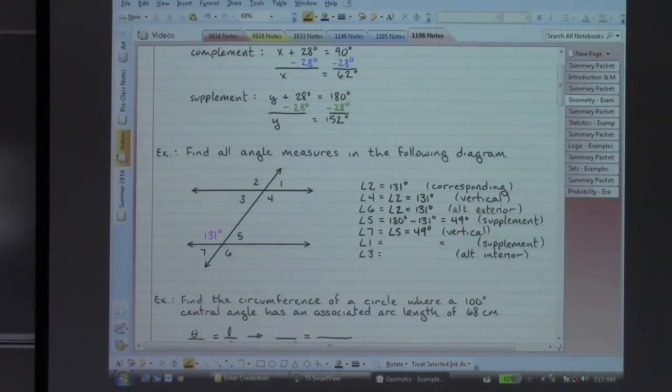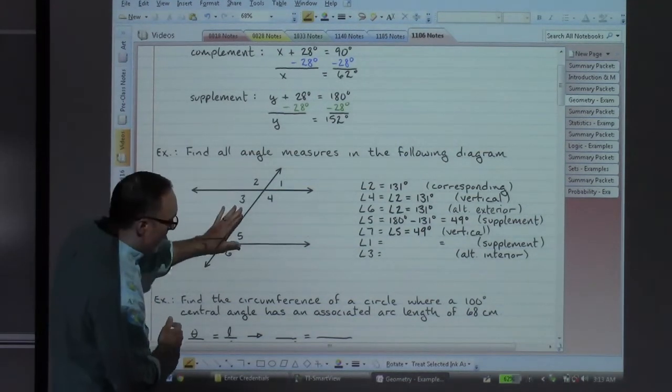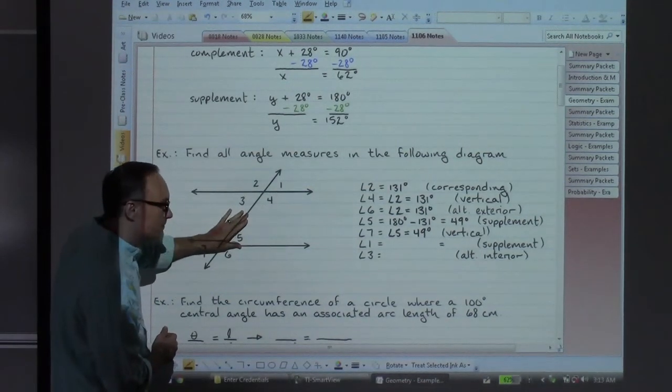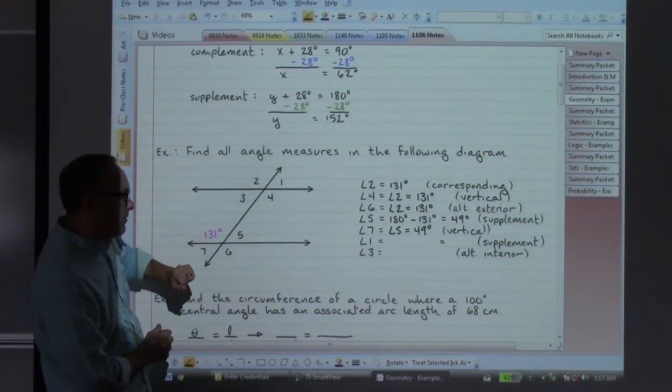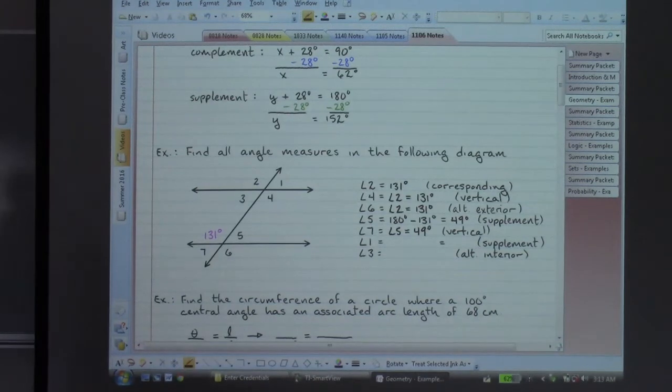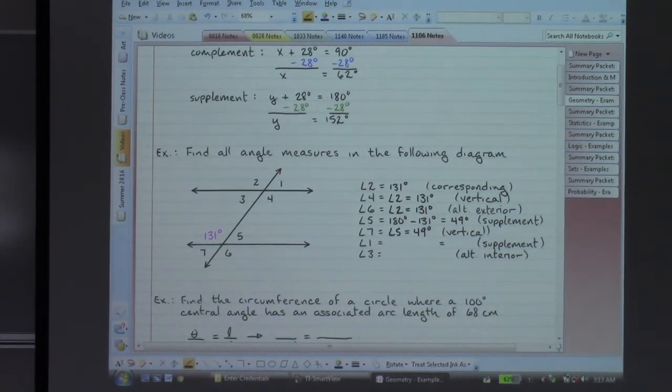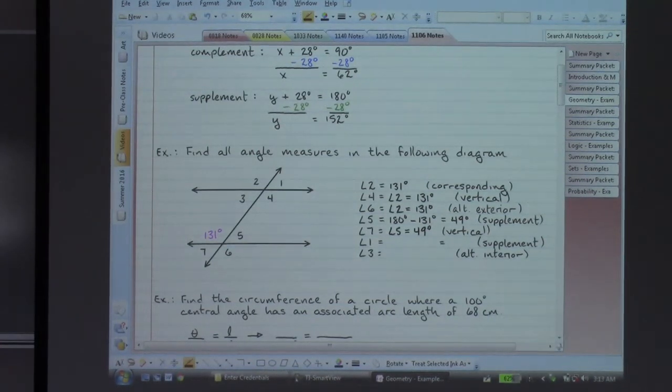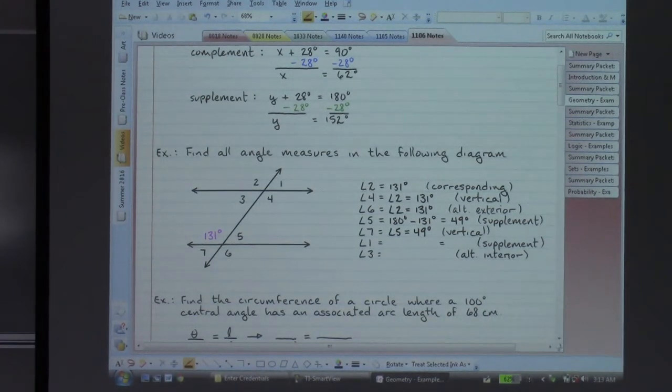Based on, just again to throw in some of that variety, based on angle 5, and, well, no, I'm sorry, we're not ready for that. We're going with angle 1. Angle 1 is listed as another supplement calculation there. Got ahead of myself. So angle 1 coming from either angle 2 or angle 4. Just to mix it up, let's use angle 4.